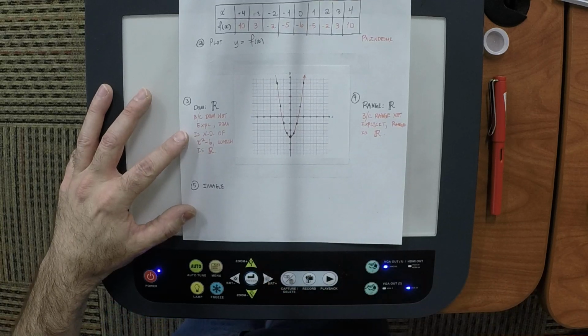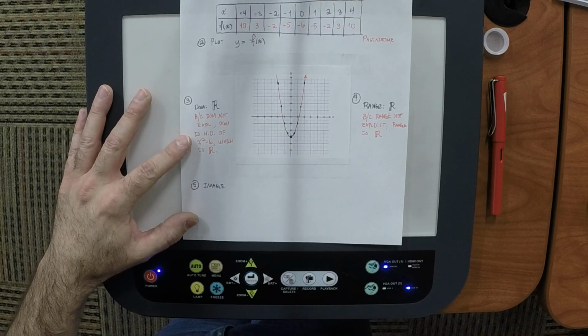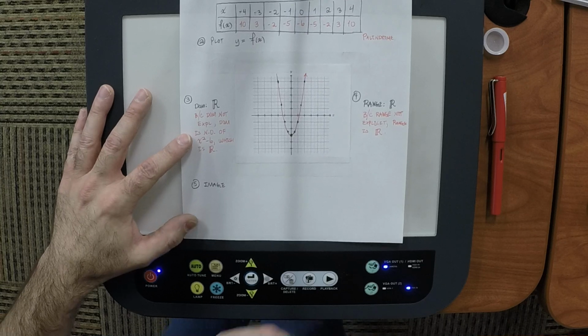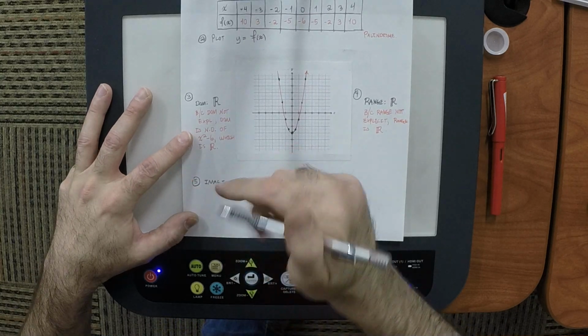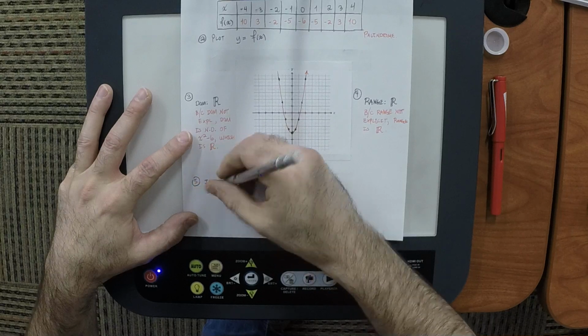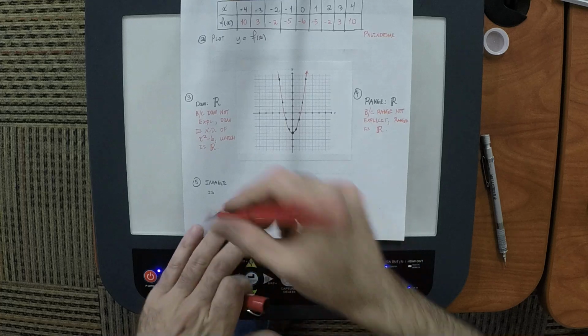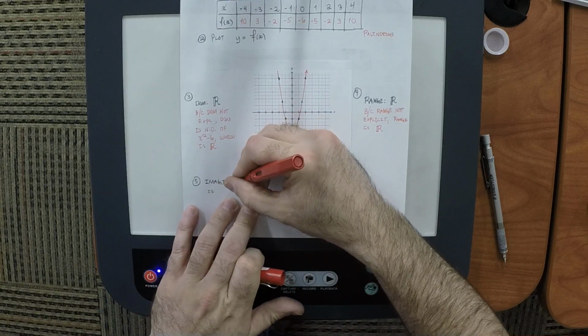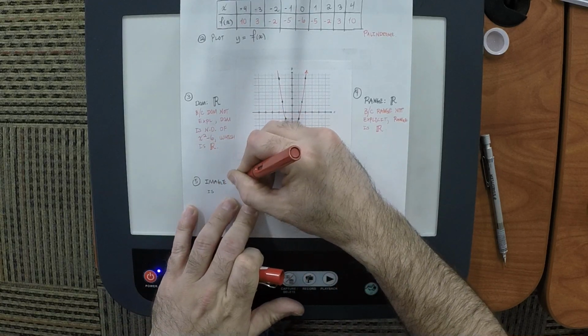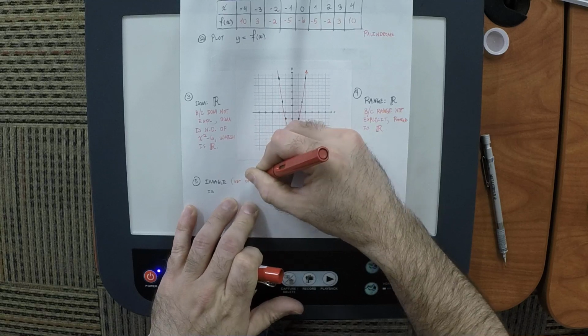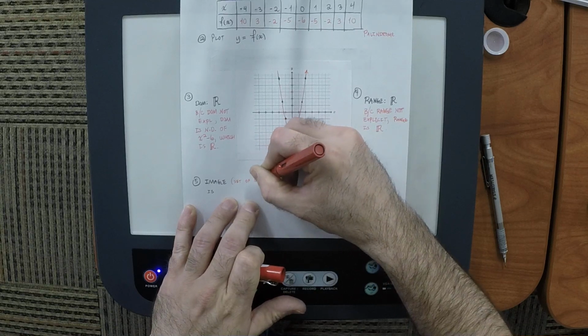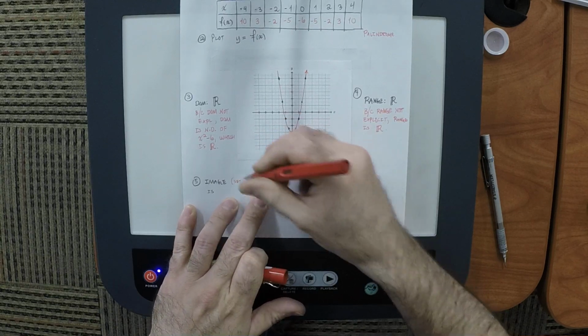Well, let's ask a few feeler questions. In the first place, image, thinking of this as a machine, this is to remind you, is the set of outputs which can be obtained.